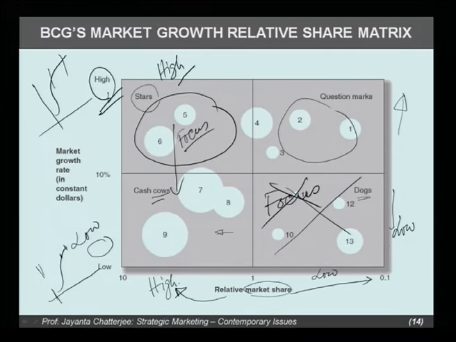They may not have access to the new display technology. They may be swamped by the consumption pattern or customer preferences for such products. So, therefore, when your market share is low, even though the market growth rate is high, we put a question mark there.